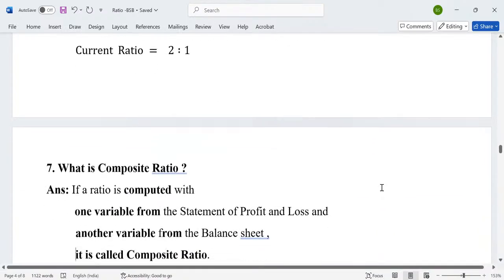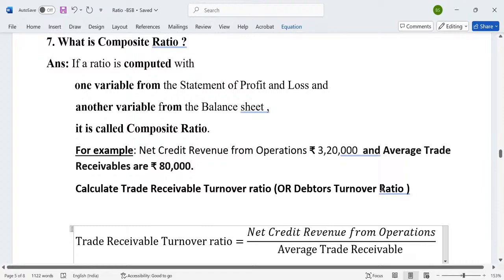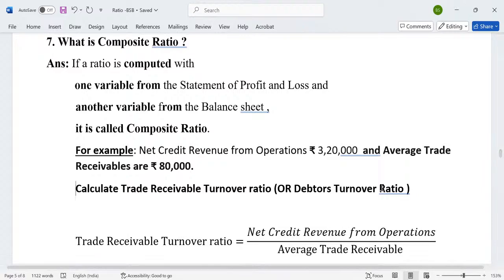Next, what is composite ratio? Composite means mix. If a ratio is computed, meaning calculated, with one variable from the statement of profit and loss and another variable from the balance sheet, it is called composite ratio. It is also called comparative ratio.